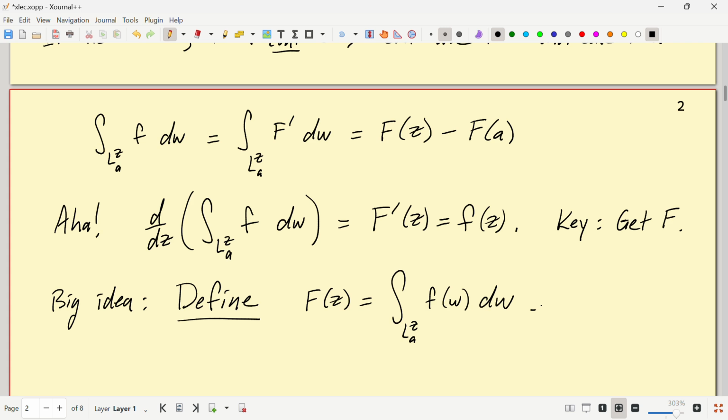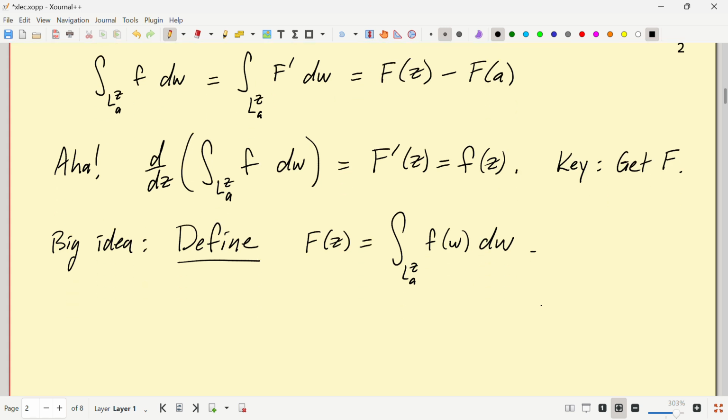If that was an arbitrary curve, I'd have to show that that's well defined. But since I'm using a straight line there, it is well defined without messing around. In future iterations of this theorem, we'll have to do something there. The next step, I want to show that F prime is equal to little f.